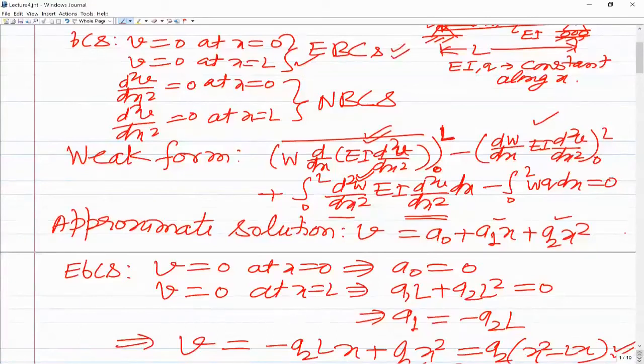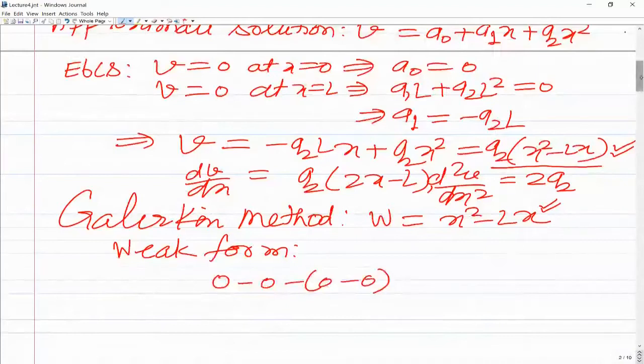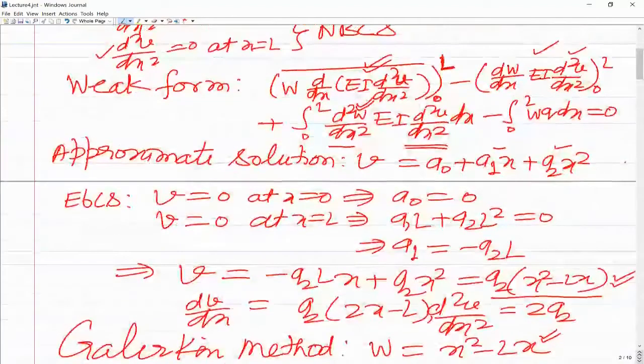We know that at x equal to 0, dv by dx is 0, and at x equal to L also dv by dx is 0. So this term is 0 at both upper boundary as well as lower boundary. Therefore this will also be 0. So you will get essentially minus 0 minus 0. That is what we get from these four boundary terms, two from here, two from here.